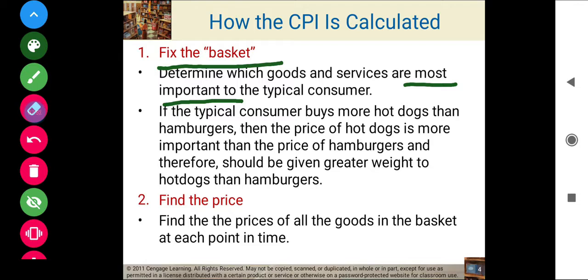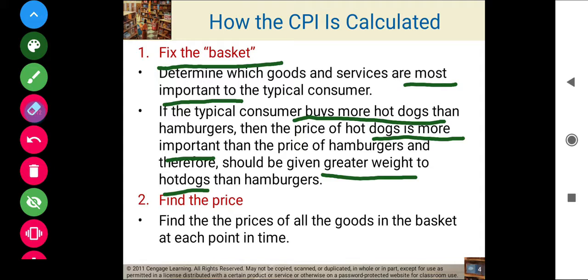If the typical consumer buys more hot dogs than hamburgers, then the price of hot dogs is more important than the price of hamburgers, and we should give a greater weight to hot dogs than hamburgers.